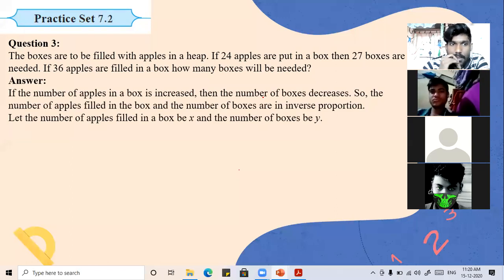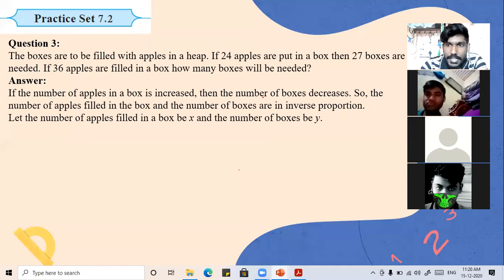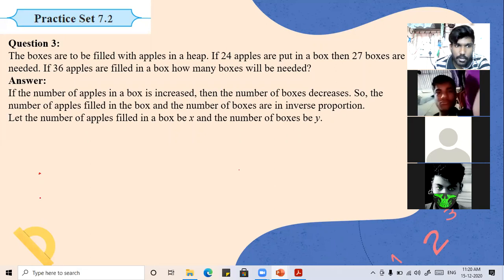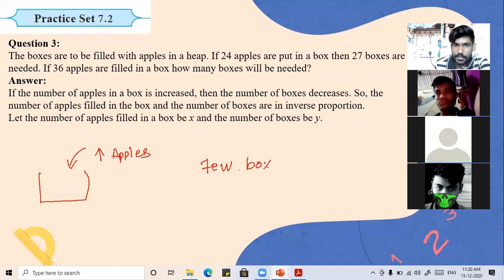If the number of apples in a box is increased, just try to visualize this. If in one box you increase the number of apples, then obviously you will require fewer boxes to fit all the apples.